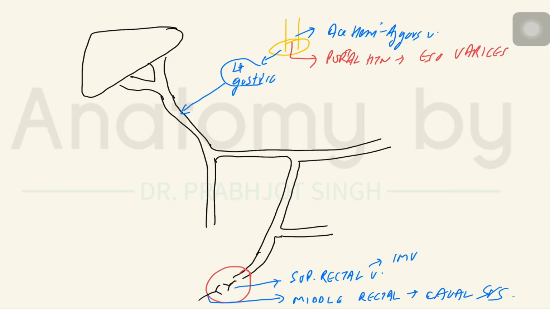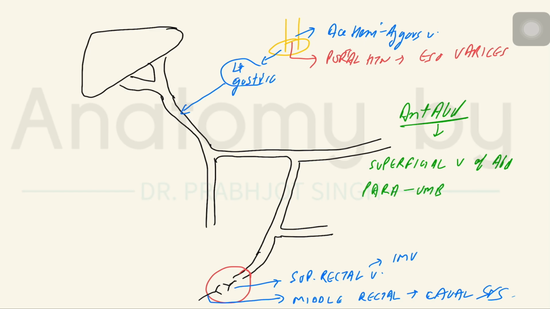And then another important one is the anterior abdominal wall. In the anterior abdominal wall, you have the anastomosis between superficial veins of the abdomen and para-umbilical veins.